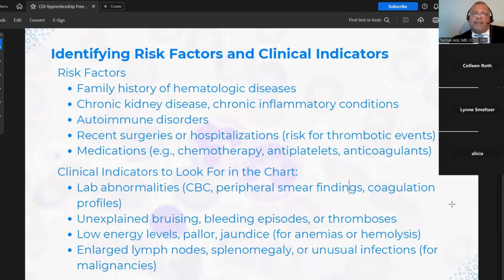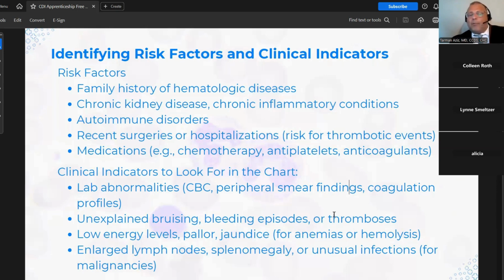And also, we may see nucleated red blood cells. We really shouldn't see nucleated or immature red blood cells that still have a nucleus out in the circulation unless we're really trying to make up for a pretty profound loss of hemoglobin.